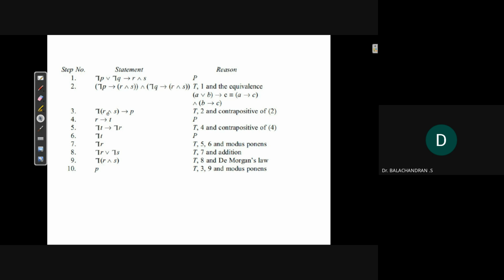Next, from here to here. I think they are written directly. First step I will write here.